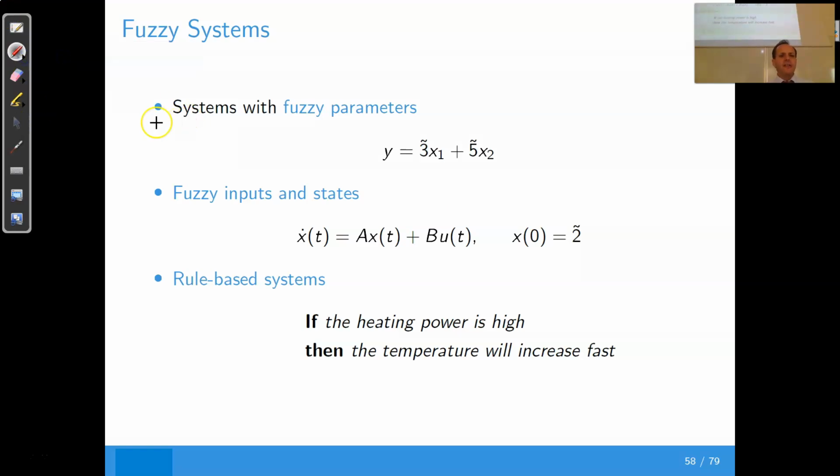There is a fuzzy system defined here as a first point by means of fuzzy parameters. Fuzzy parameters means that the parameters are fuzzy numbers.